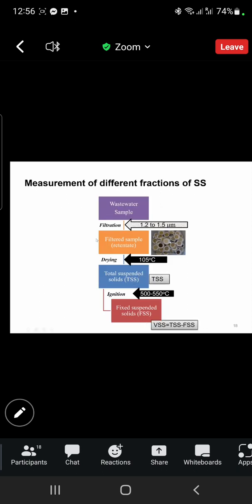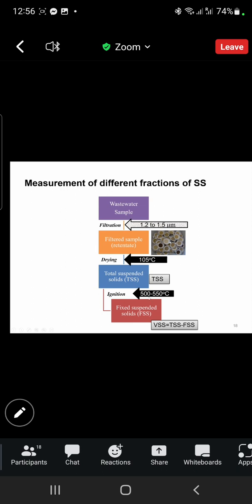Yes, so this slide I can explain a little bit more. Filtering is fine because filtering has to do with whether you want to get suspended or dissolved. But when you ignite your sample from your total solids, you can get the volatile solids.